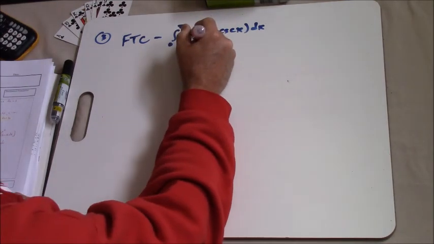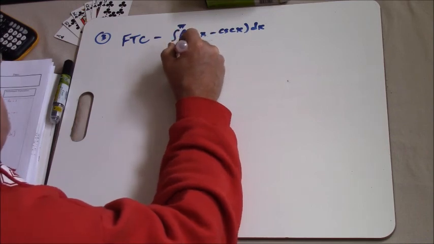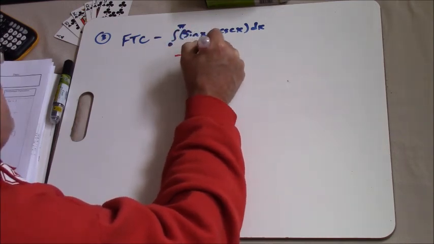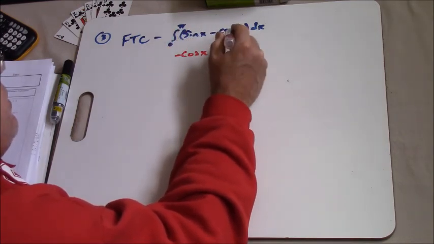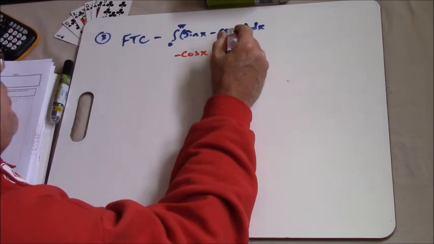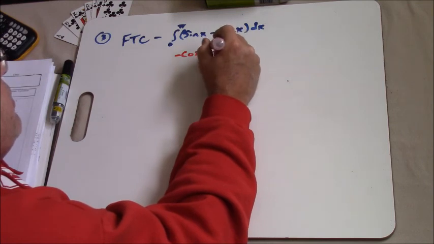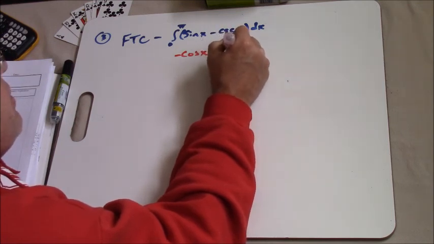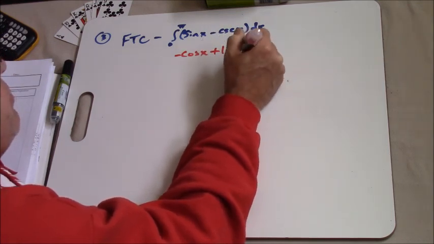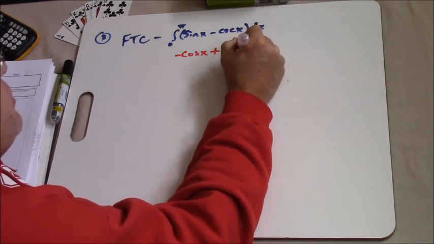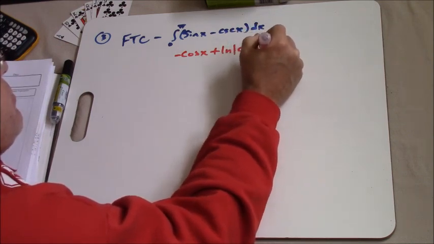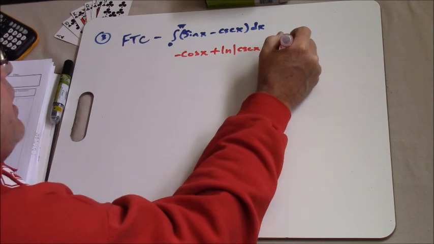Alright, so I'm just going to integrate this. Integral of a sine is a negative cosine of x minus the integral of a cosecant is, let's see, that's the negative, so plus natural log absolute value of cosecant of x plus cotangent of x.